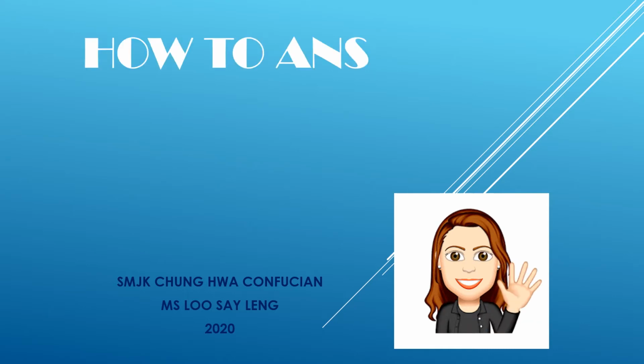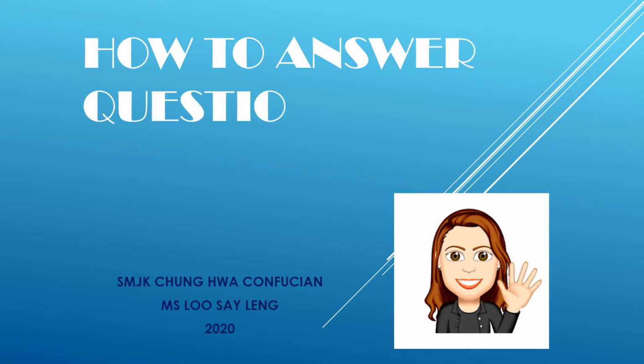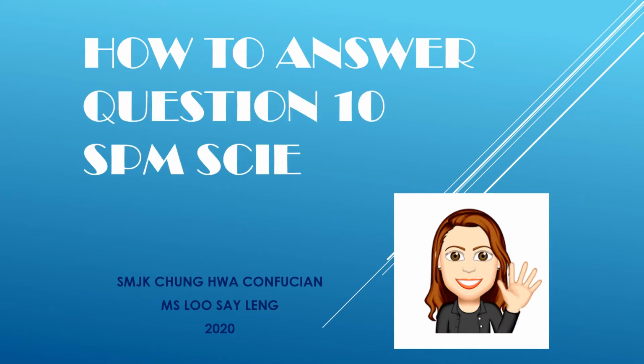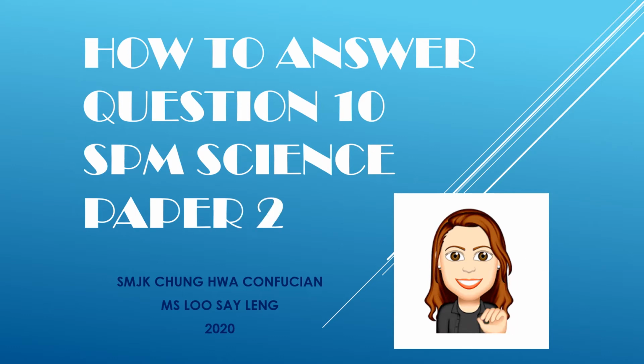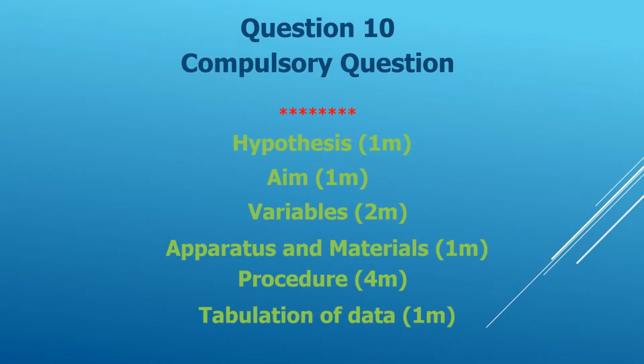I have made this video to help you to answer question 10 in the SPM Science Paper 2. As you know, question 10 is a compulsory essay question. These questions will test the scientific skills. You need to plan an experiment.